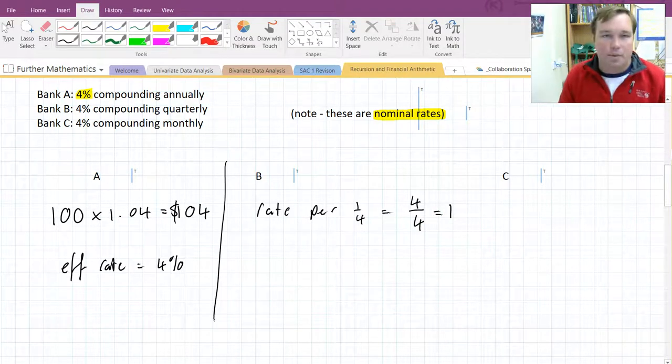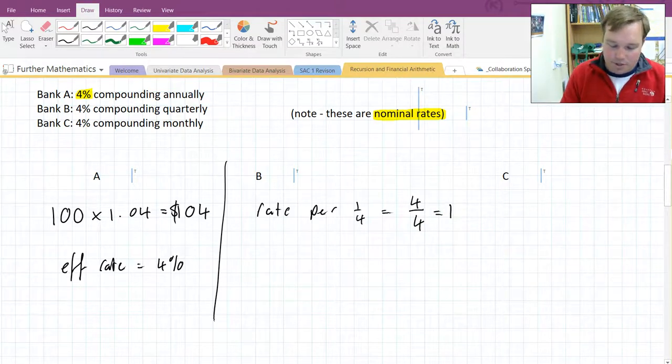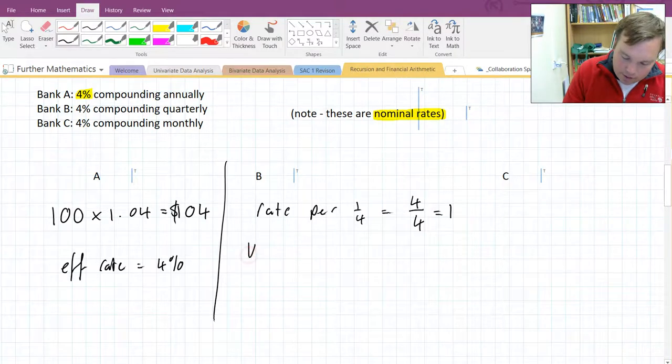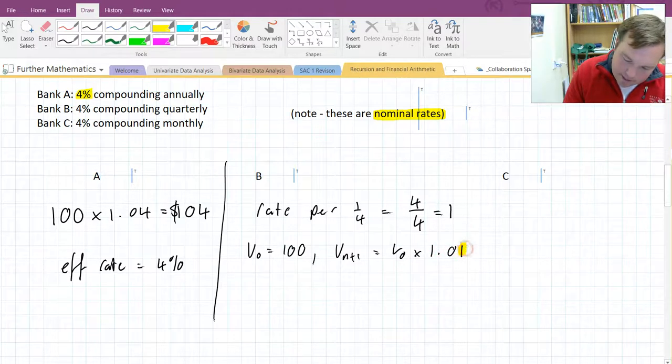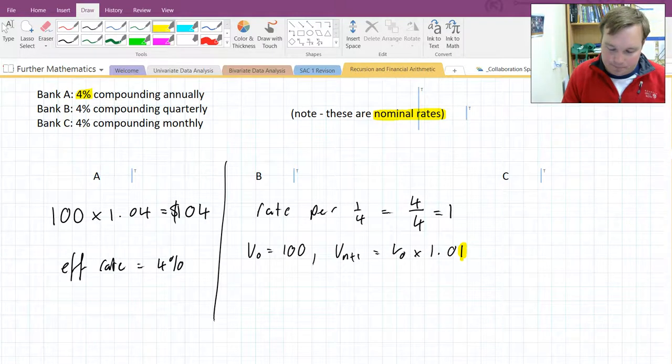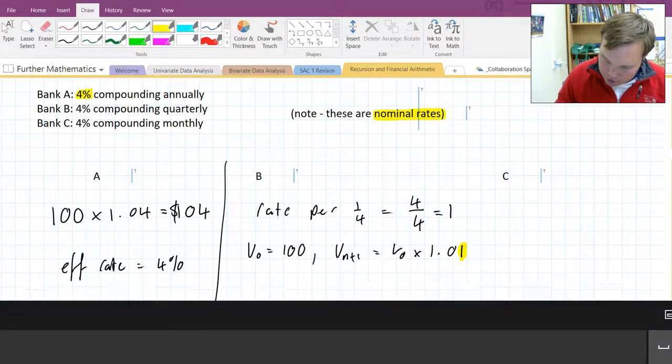Now, there's a couple of different ways we can do this, but let's think about it as a recursion relationship. The amount the loan is valued at initially is $100, and then what happens is to get to the next quarter, we take the previous quarter and multiply it by 1.01. That has the effect of increasing it by 1%. And then we do this 4 times.